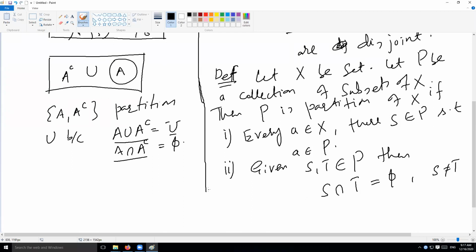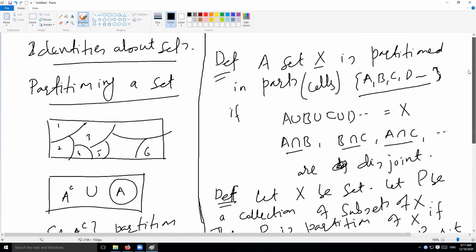So can someone tell me how this definition is basically the same as the earlier definition, that is, split a set into some disjoint parts?